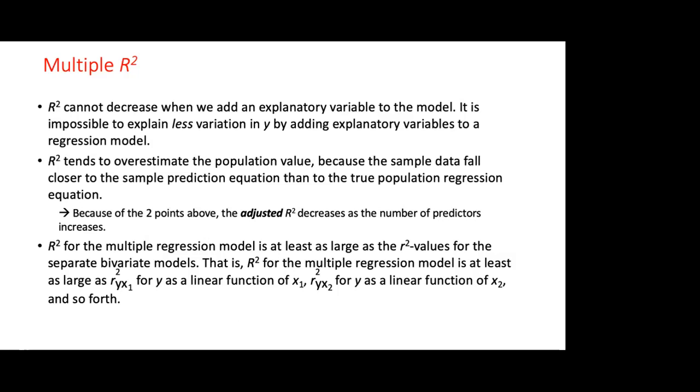It cannot be smaller than the square of the largest correlation of a single predictor with the outcome variable. Makes sense, right? Because if all other variables did not predict anything and had a correlation of 0, then the model as a whole would still be as good as this single predictor that has a correlation with the outcome. So the multiple R squared cannot be smaller than the largest single R squared.